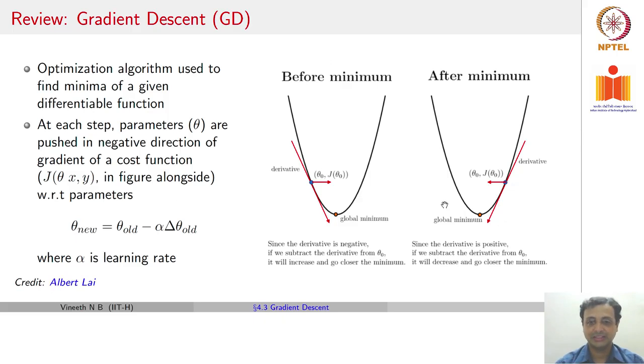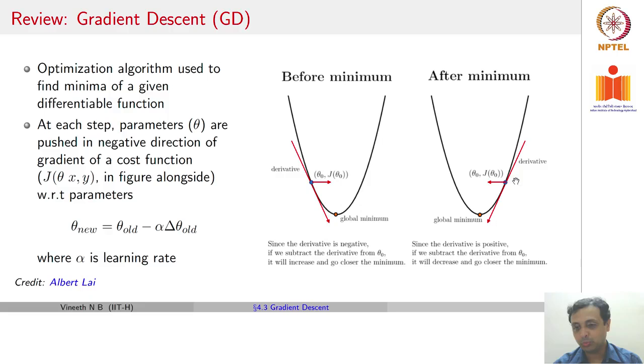And we saw this visualization also in the last lecture, where you have a simple convex function. If you consider a point to the left of the minimum, say this blue point here, the gradient there is negative. So when you go in the negative direction of that, you're going to be going towards the positive side or the right side, which will take you towards the minimum.